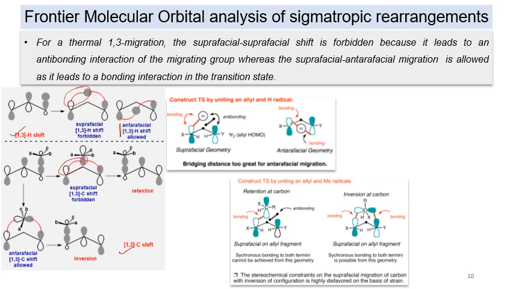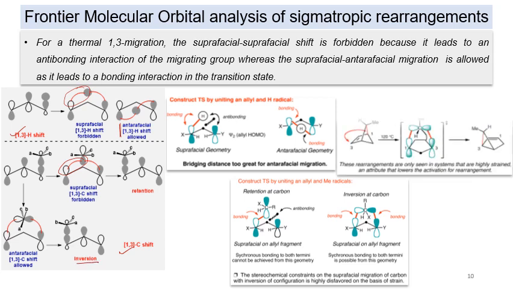Whereas for the antarafacial shift, obviously, if this is going to be the antarafacial shift, then it is going to be suprafacial with respect to the pi system, but antarafacial with respect to the sigma system. You can see here now there is a bonding overlap in the transition state, and therefore this is allowed. And obviously, since this is antarafacial, there is inversion taking place.